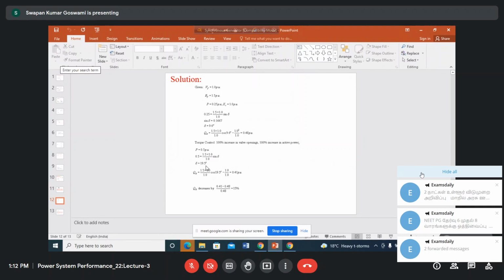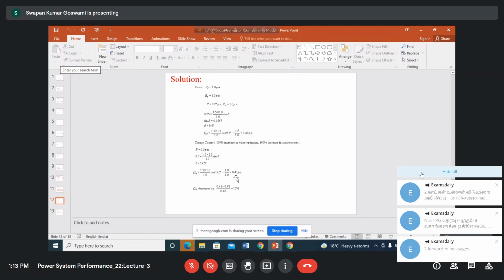If delta is 19.5 degree, what becomes the reactive power? Ef Vt by Xs, because Ef is kept constant, simply delta is changing, cosine delta minus V square by Xs, it becomes 0.41 per unit. That means when the active power is increased by 100%, there is somewhat reduction in reactive power.